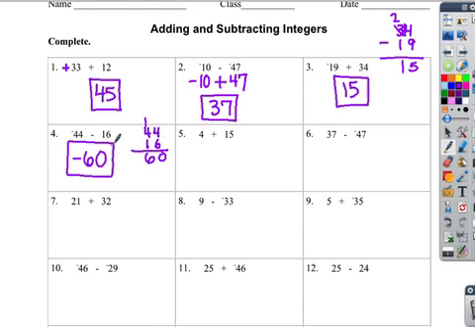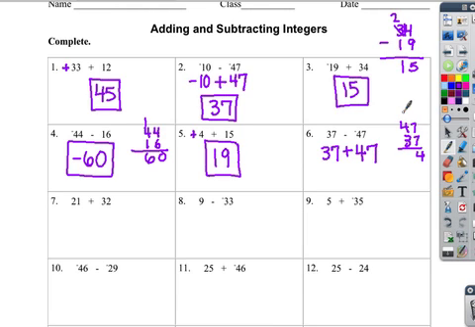Number 5. Positive 4 and positive 15, same sign, add and keep. So I get positive 19. Number 6, my minus and negative become a plus sign, so 37 plus 47, which gives me 84.